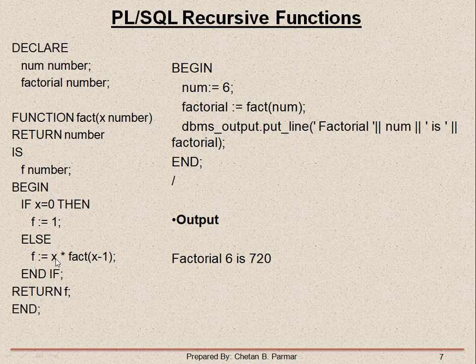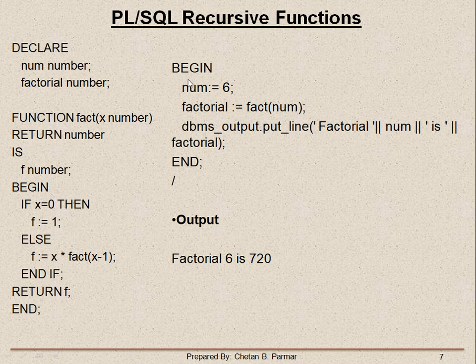First it will be 6 multiplied by 6 minus 1, that means 5. Same way 6 into 5, next time we get the value 5 into 4, then 4 into 3, 3 into 2, 2 into 1, and last 1 into 0, and 0 will get the value 1. So then the whole process will be done, multiplications and generating the last, ultimate output. Okay, and last here returning the value, return f, and terminated by end of this function.